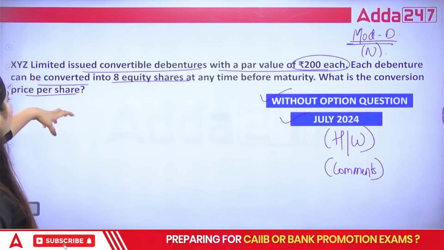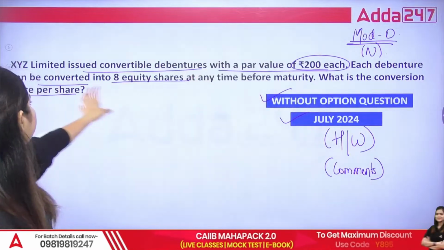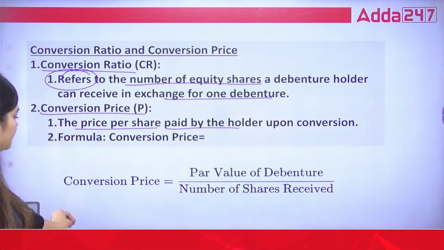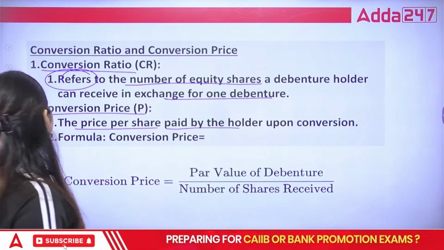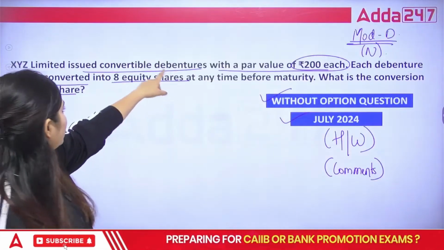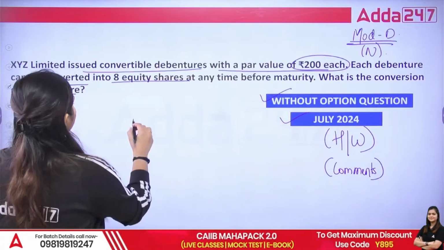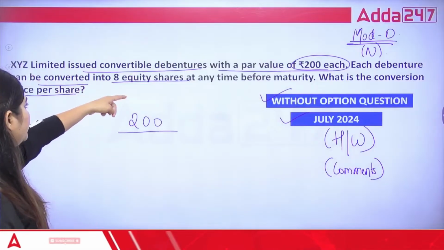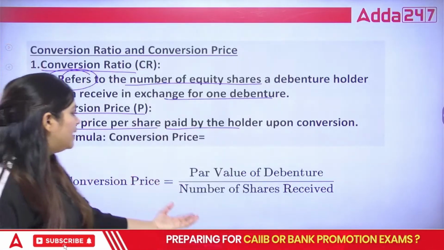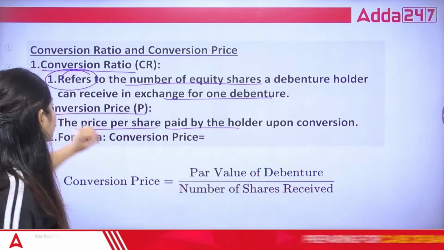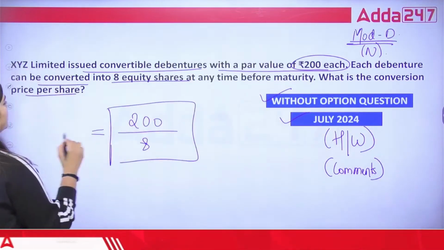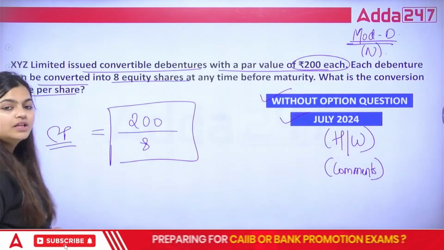Based on this question, they are asking about the conversion price per share, which means you need to calculate by applying this formula: par value of debenture, that is 200, divided by the number of shares received, as each debenture can be converted into 8 equity shares. So that is 8. With this you will get your conversion price. Okay everyone, let's go.